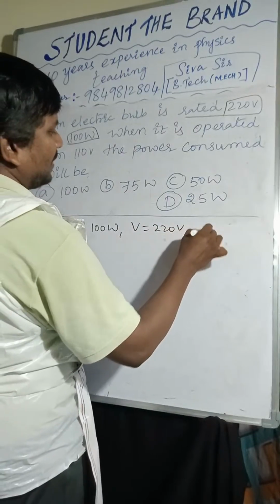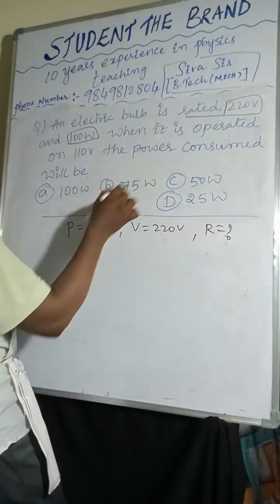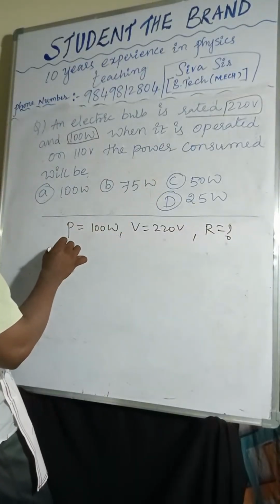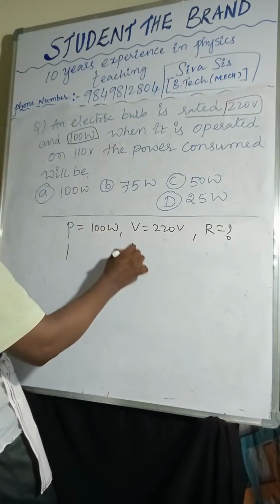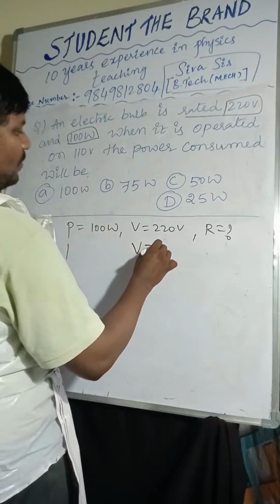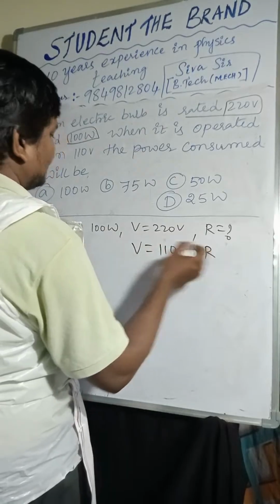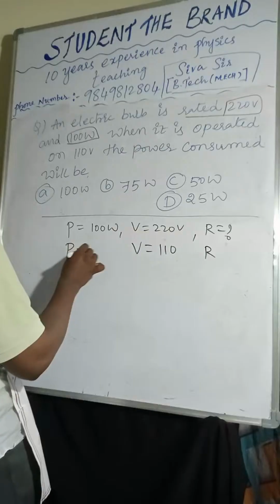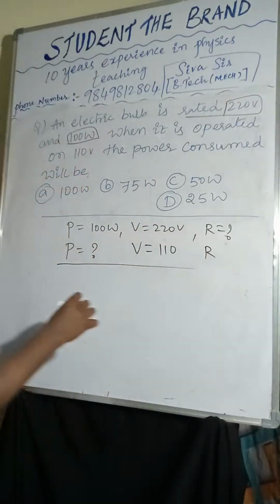From this we can find out the R value and power consumed. Operated here at 110 volts, and R is the same, we can find out power, right? So that is the concept, that is the method to solve.